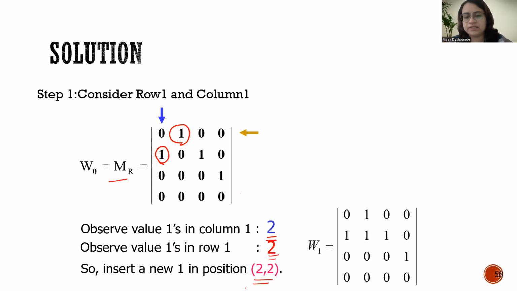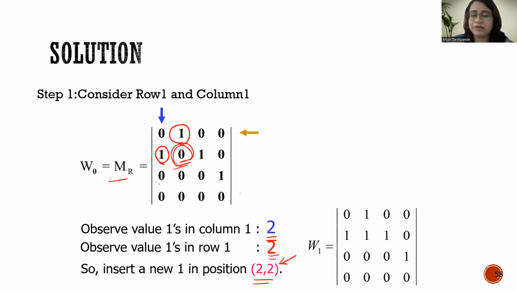Whichever tuple you get, you mark a 1 in this particular position corresponding to W0. So, in W0, which is the position 2, 2? This one. So mark this position as 1.